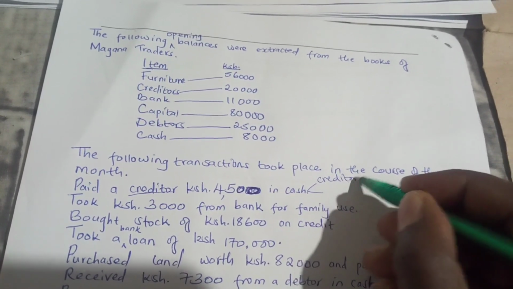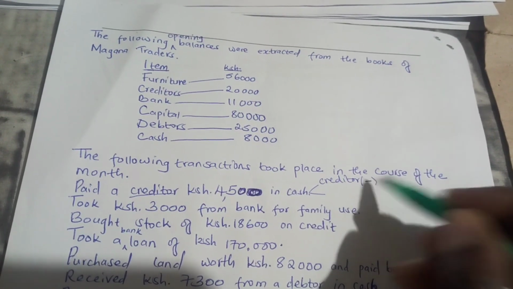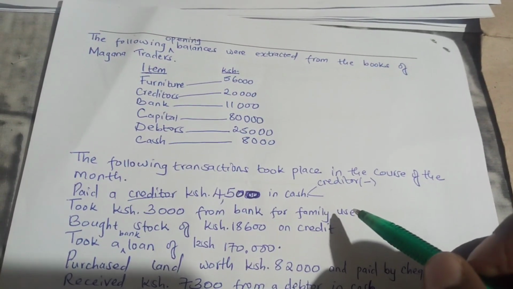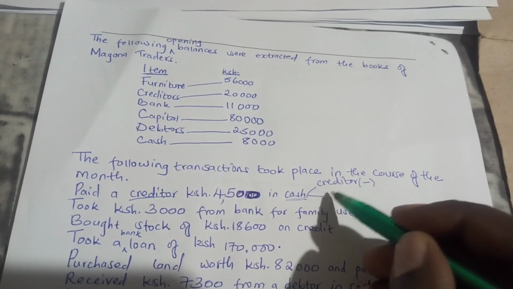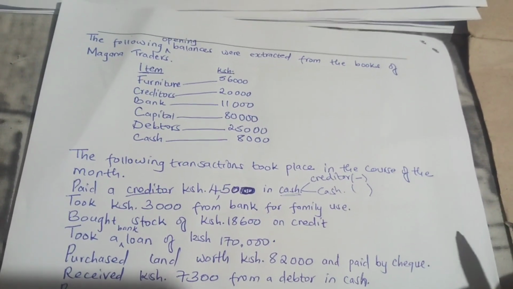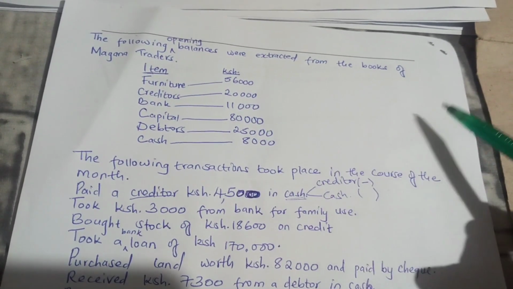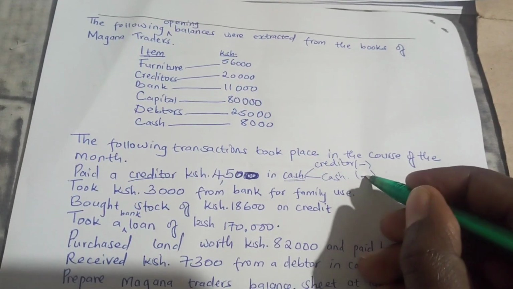So the creditor has been paid, meaning that the creditor has to reduce. Then cash is another account that has been affected. How? Cash was taken from the business to pay a creditor, meaning cash will reduce.